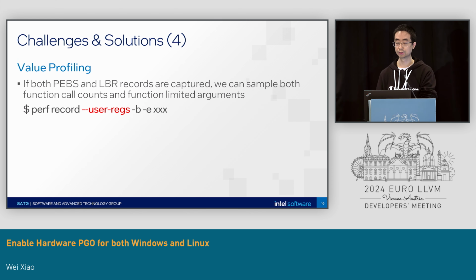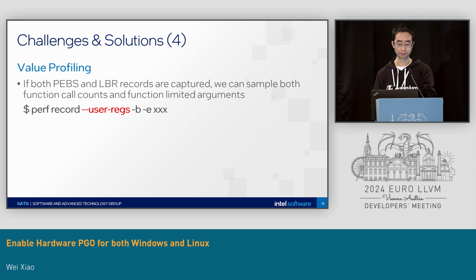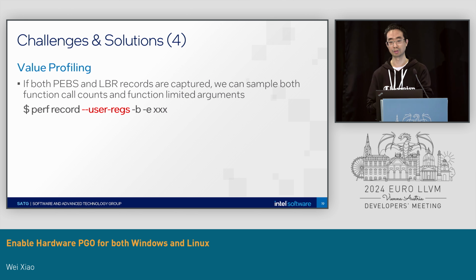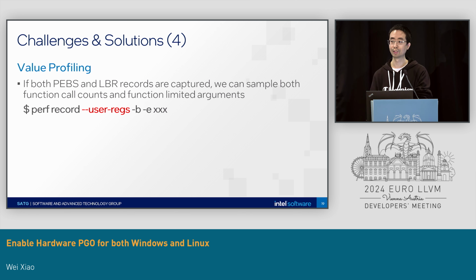The last one is about the value profiling. Yes, the instrumentation-based PGO can do it, but the sampling-based PGO cannot do it so far. But in theory, our hardware-based PGO should be able to do some kind of value profiling. As you can see, there is a perf record command with a special option, user registers.